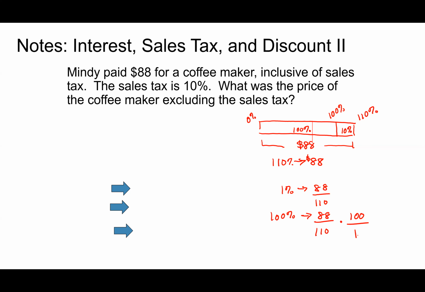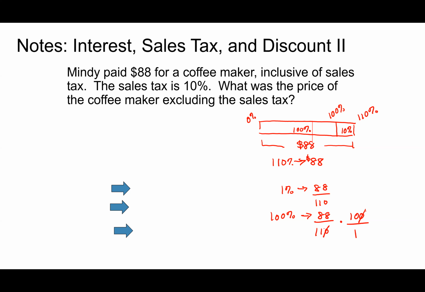I see some cross-canceling possibilities. What do you guys see? Owen? Yep, so just cross off a 0, or divide the numerator and the denominator by 10. Oh, now I've got 88 and 11. That's pretty friendly, isn't it? What do I do next, Uzziah? 88 over 11, and then 11 into 1.